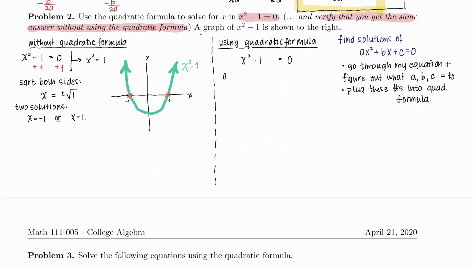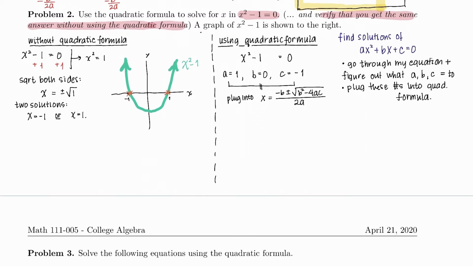So in this case, our equation looks like x squared minus 1 equals 0. This means that a, which is the coefficient in front of the x squared term, is going to be 1. B is going to be 0 because I don't have an x term. And c is going to be equal to -1. And then we're going to take this information and plug it into x equals -b plus or minus the square root of b squared minus 4ac all over 2a to solve for x.